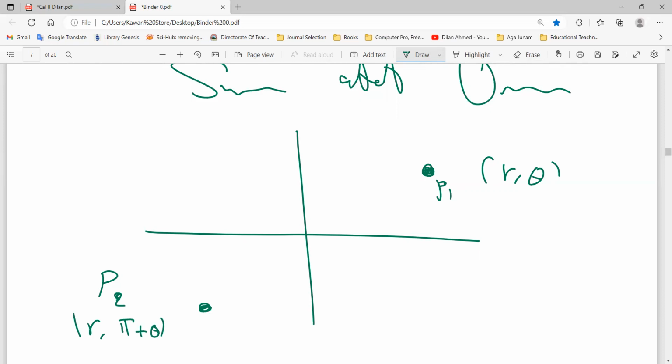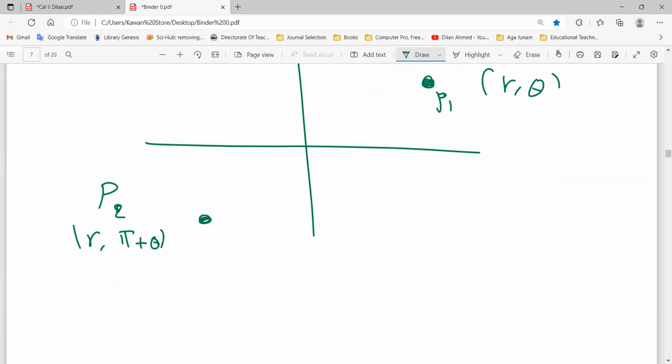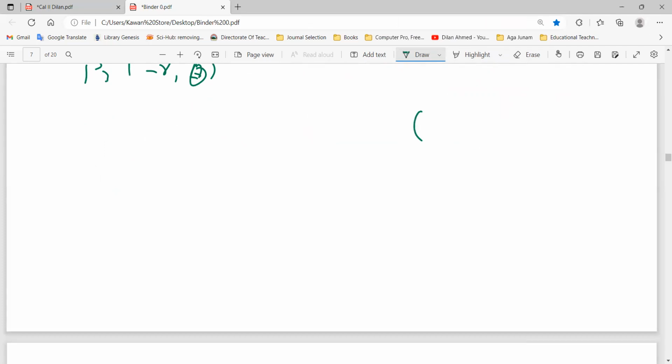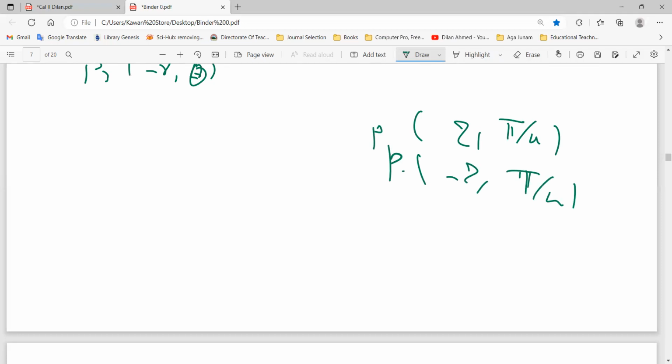That's by angle. How about by r? Just minus r, right? Easy. So just put it as P3, minus r and theta. Why? Because if I have 2 and pi over 4, and minus 2 and pi over 4, the P1 and P2 will be like that.